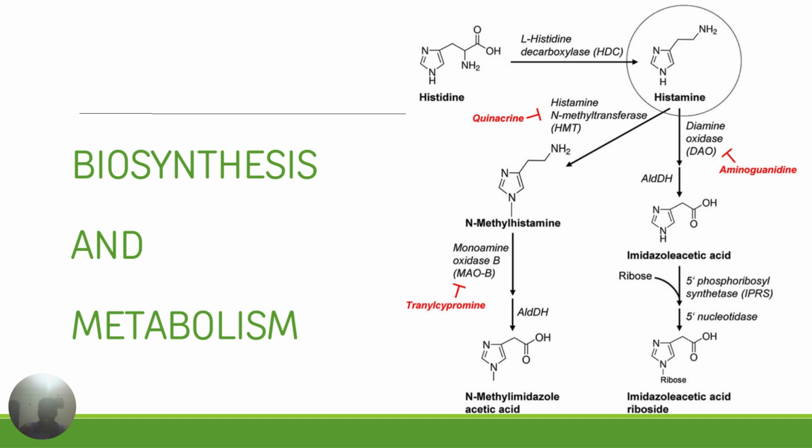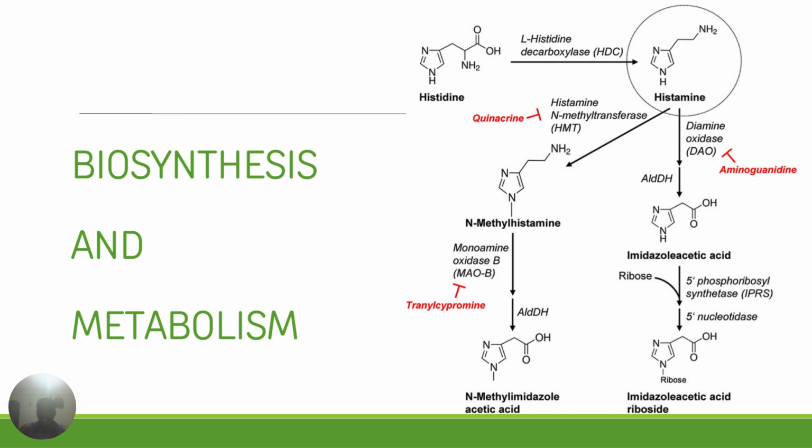On the left side of the pathway, we will look at another process by which histamine is converted up to N-methyl-imidazole acetic acid. Histamine is first of all converted into N-methylhistamine by histamine N-methyltransferase enzyme.